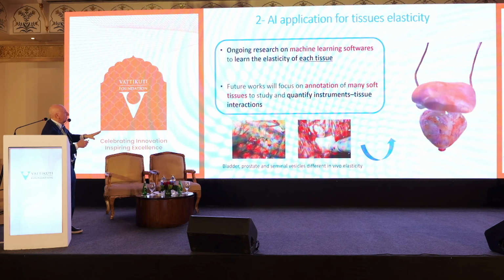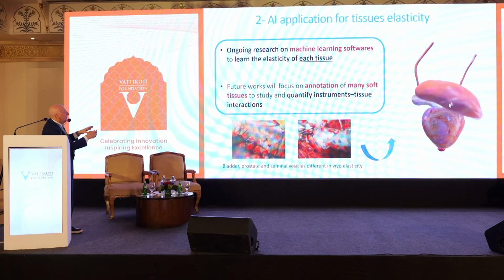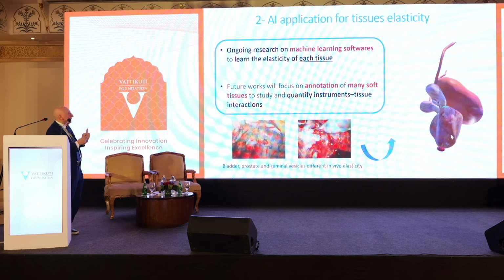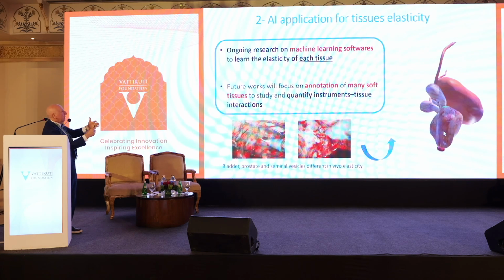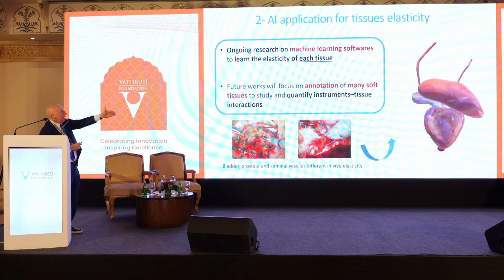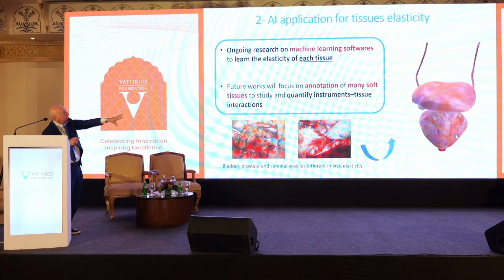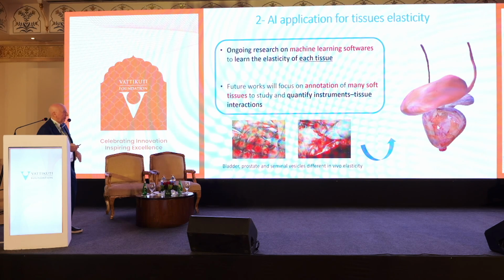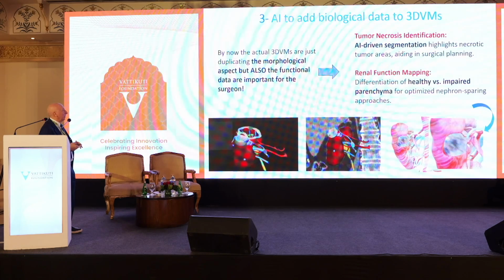During the operation, we try to classify the different elasticity in 4 degrees. We transmit this data to the artificial intelligence, and the artificial intelligence applied in the software with this algorithm is able to deform, giving us the possibility to have an elasticity adapted to the single organ. This is extremely important.